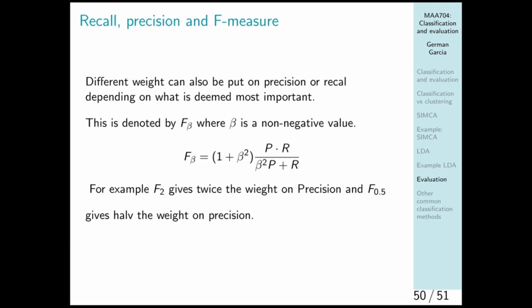This kind of F-measure is called F-beta, where beta is a non-negative value that acts as the weight. Here, instead of 2, we include 1 plus beta squared, and beta squared is accompanying p. For example, F2, where beta is 2, gives twice the weight on precision, and F0.5 gives half the weight on precision.